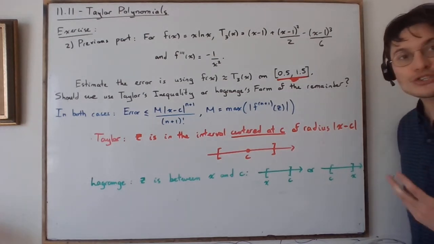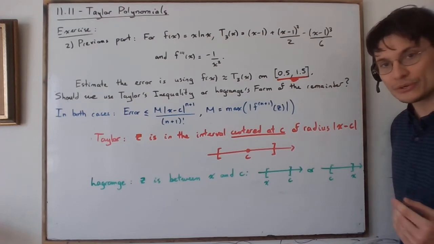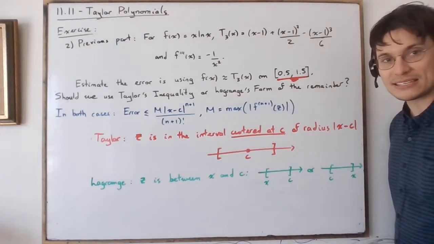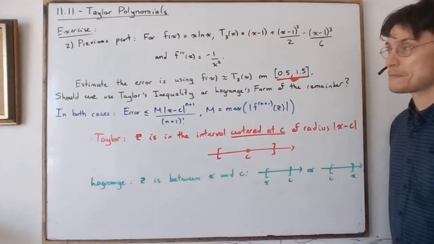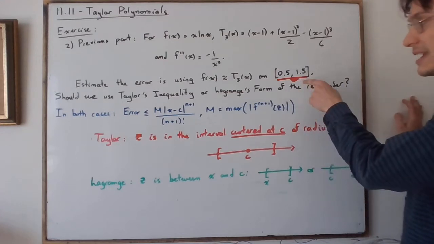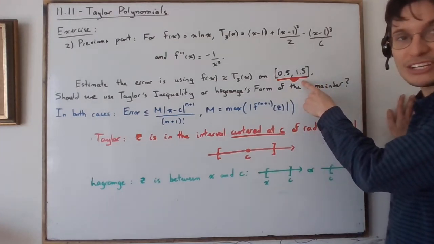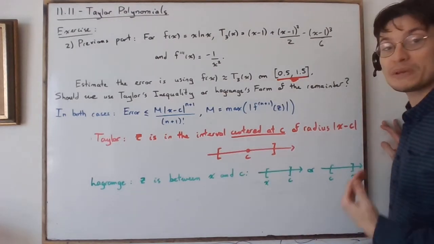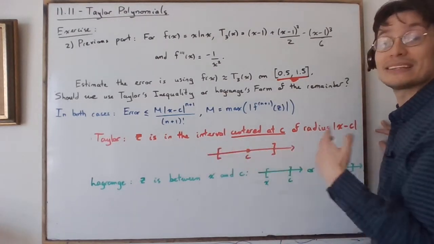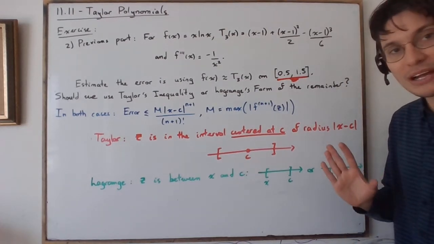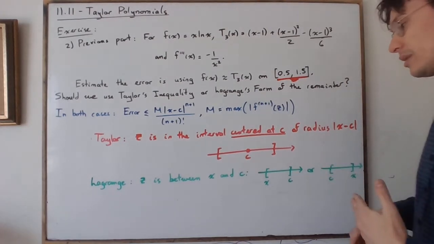You always want to use Lagrange's form of the remainder, if possible, because it provides a better estimate. However, sometimes you cannot, because in this case we want the approximation to be valid in the full interval. So you need to be conservative and use Taylor's inequality. That's the answer to the first question: we have to use Taylor's inequality.